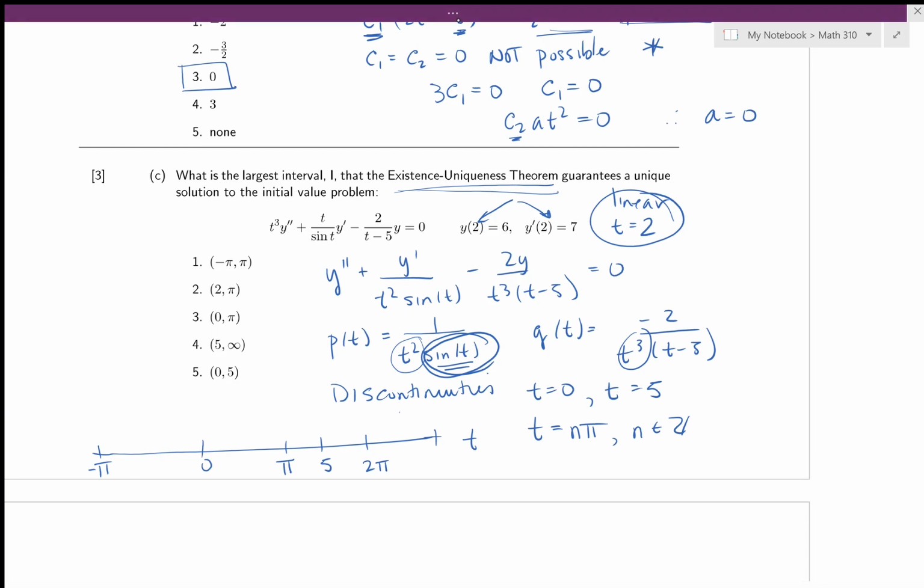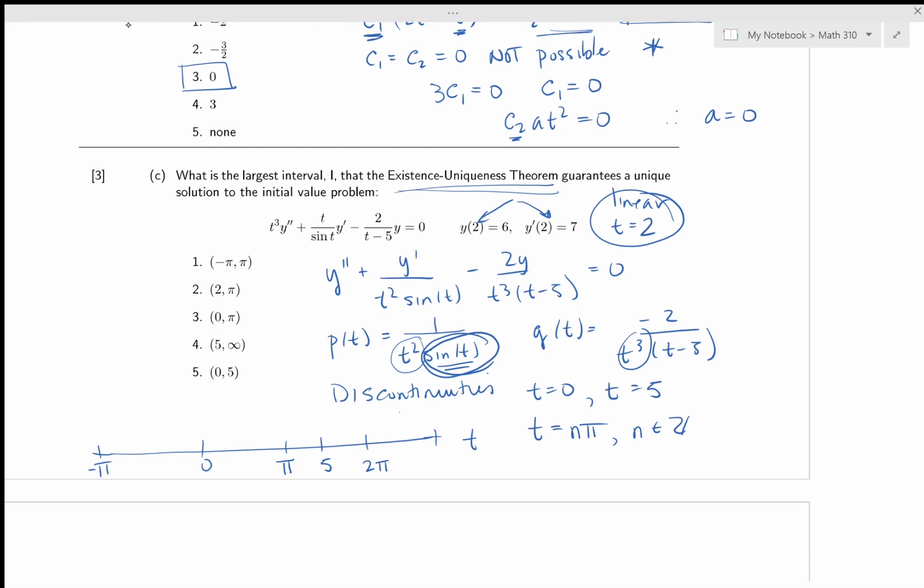So then what I do is I look and I'm imagining the discontinuities to be sort of walls, if you will, like this, like that. And then I'm thinking, okay, well, when I'm at 2, where I know I have an initial condition, that is, this number is 2, then I'll be able to maneuver in here, but I am not going to be able to move up like this.